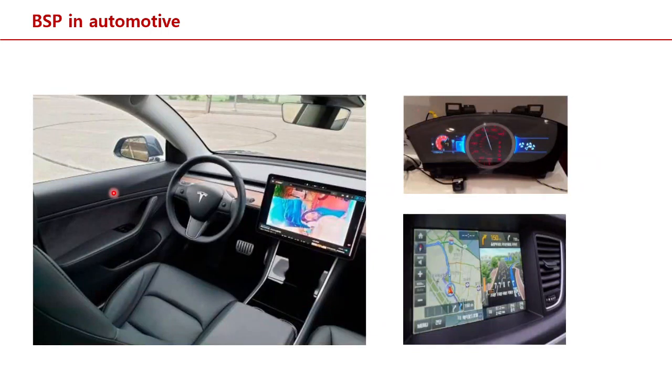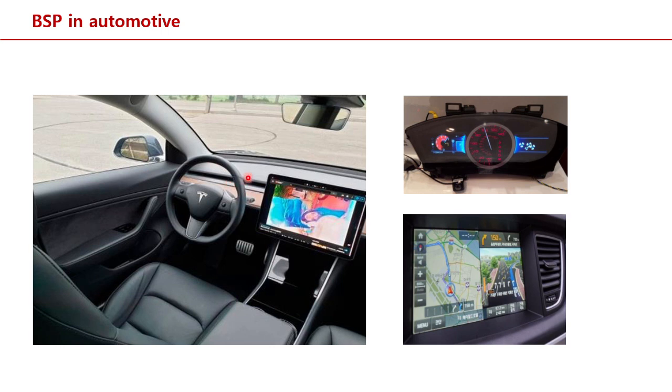So please take a look at the picture in the slide. In front of the driver, there must be a cluster, and the cluster is considered an information display that shows the driver the speedometer, RPM, and fuel gauge.